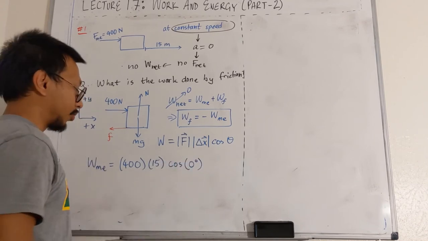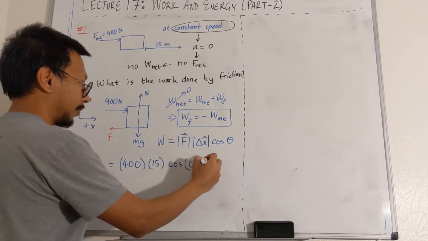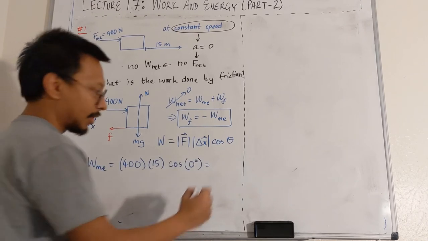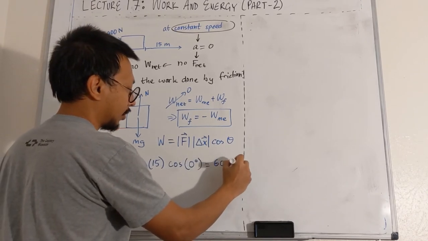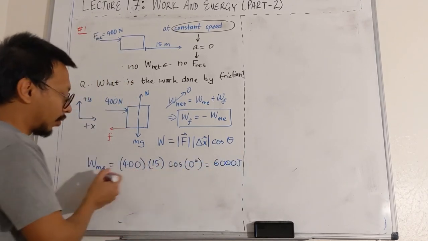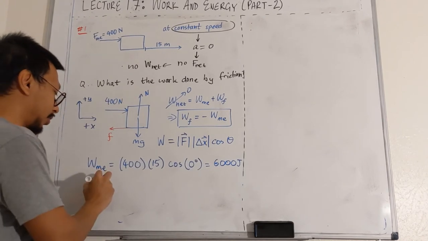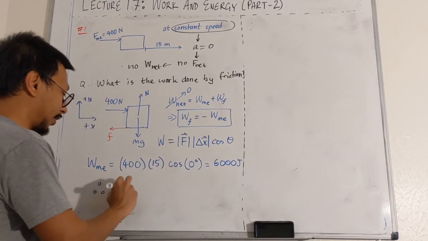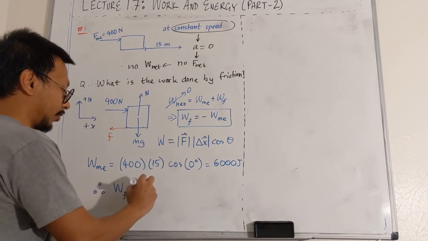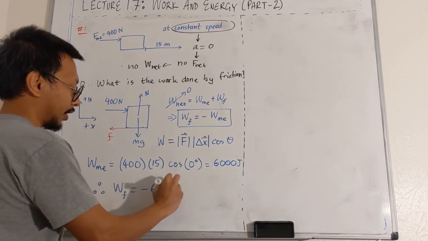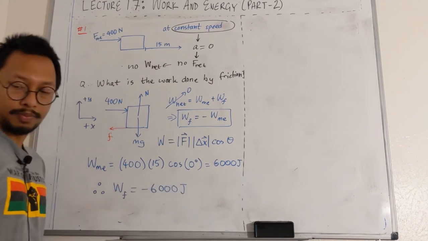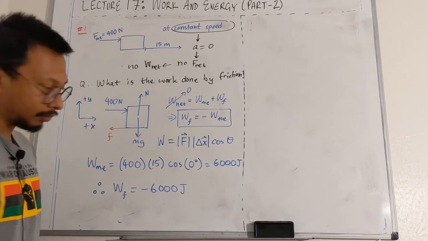Cosine of 0 is just 1, so this comes out to be 6000 joule. If the work done by me is 6000 joule, then the work done by friction is equal to negative 6000 joule.